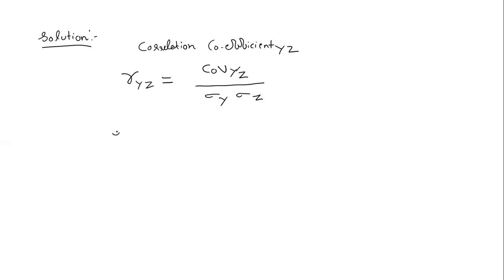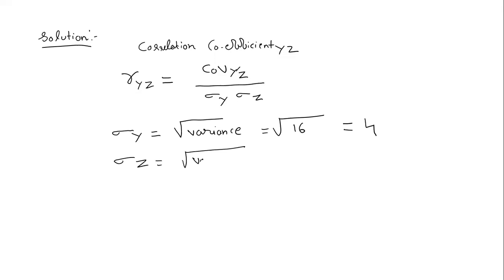So standard deviation of Y is equal to the square root of variance. The variance is 16, that is given in the problem. So the standard deviation for security Y is 4. For the standard deviation of security Z, we'll do the same thing.